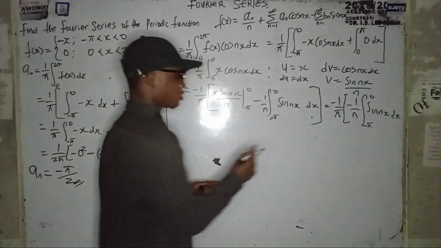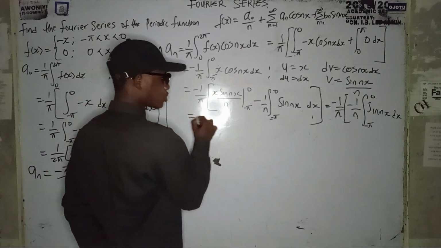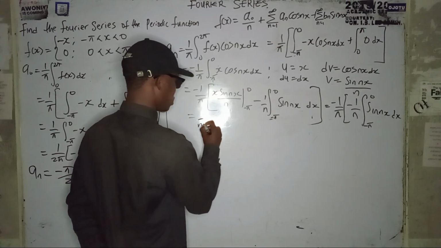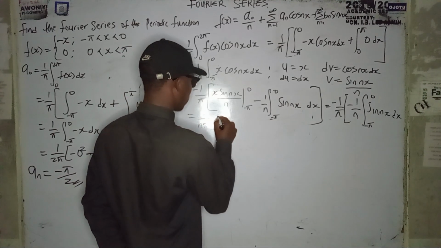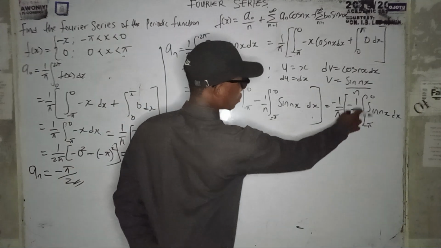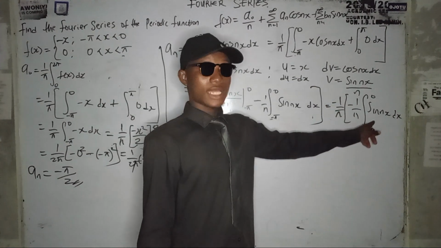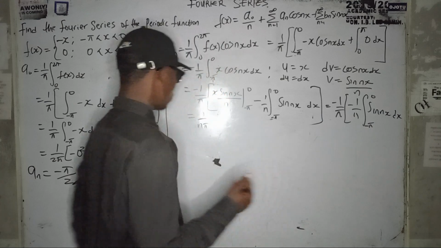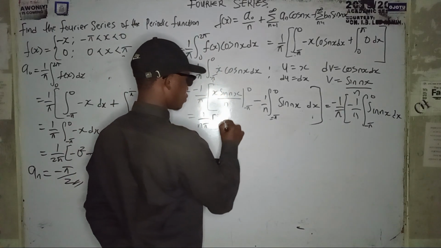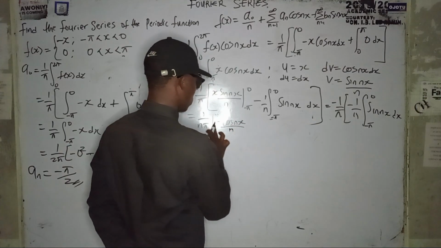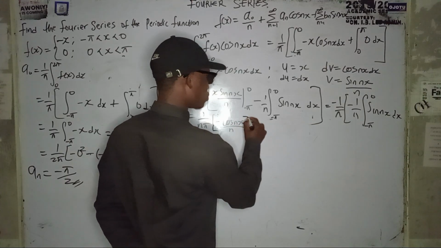If we move on with that, minus times minus gives us 1 over n pi. Now if we integrate sine nx, we get minus cos nx over n, due to the chain rule effect.